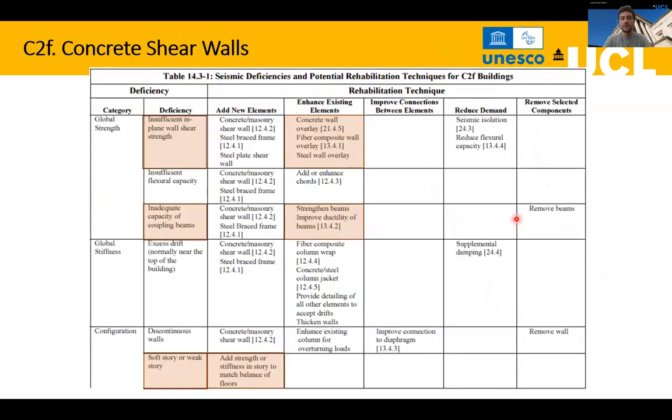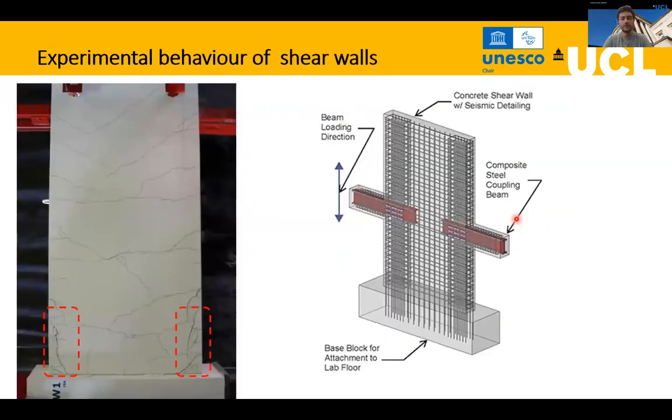So after that, for the retrofitting of this type of shear walls, you can also go to the FEMA 647 and see the different suggestions and recommendations. But what is most important to understand is that the damages will concentrate in this part of the walls.